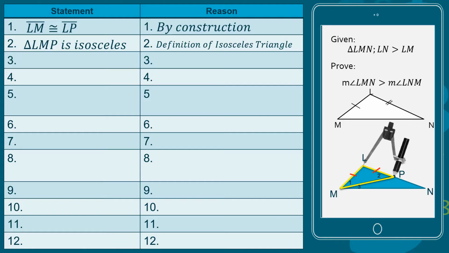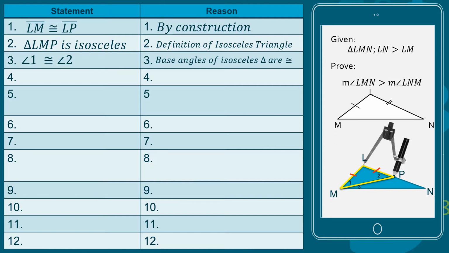Then, based on statement number 1, how do you describe angle 1 and angle 2? Based on the illustration, angle 1 and angle 2 are the base angles of triangle LMP. So, we can say now that angle 1 and angle 2 are congruent because base angles of an isosceles triangle are congruent.